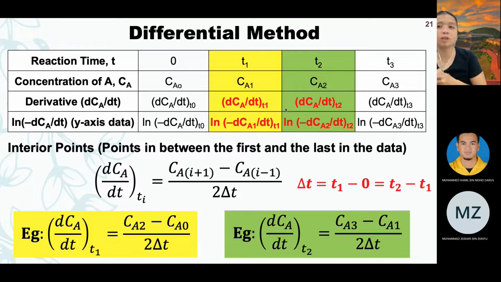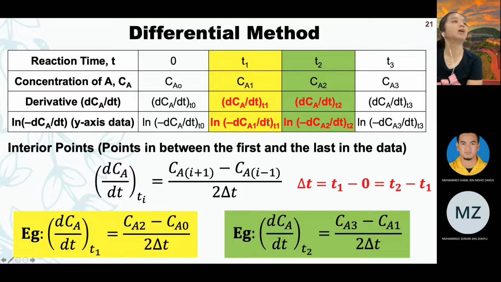Okay, mungkin kamu terfikir formula sama, nilai dia sama ke? Nilai dia tak sama walaupun you are using the same formula because you will use different concentration punya sequence. Okay, so itu yang part yang memeningkan untuk interior point. Kamu akan menggunakan kombinasi kepekatan yang berbeza bergantung kepada kedudukan data mana yang kamu telah kira.